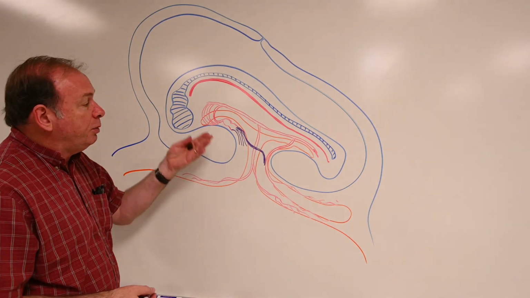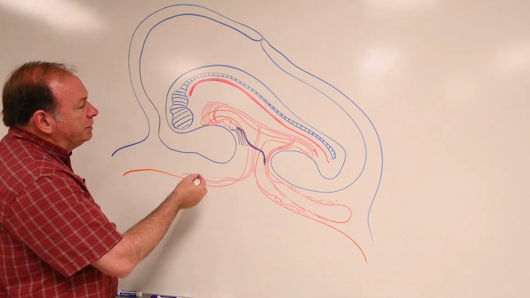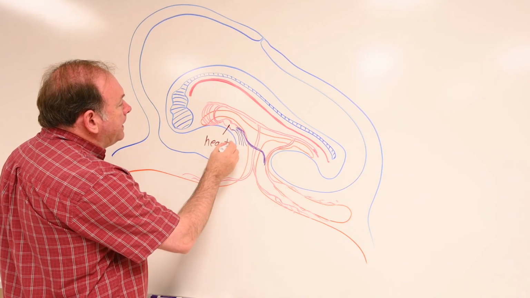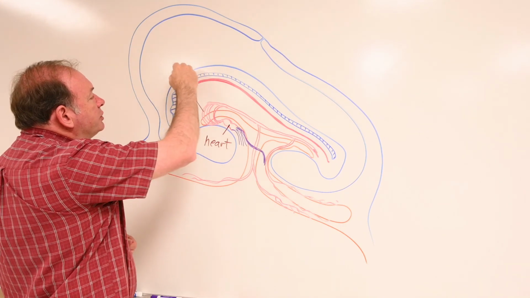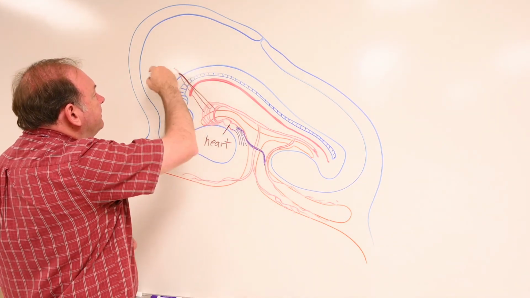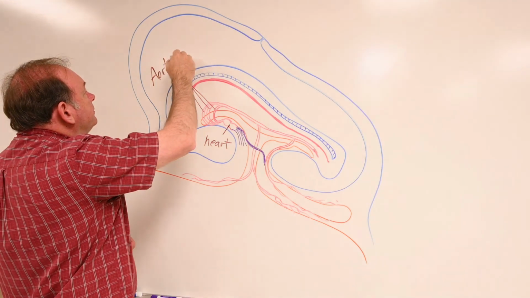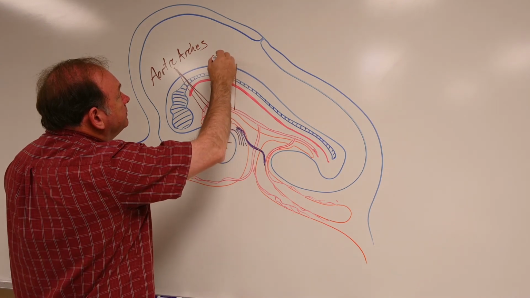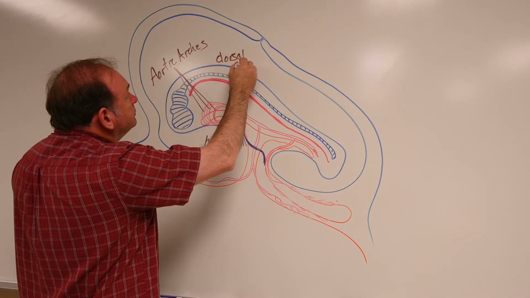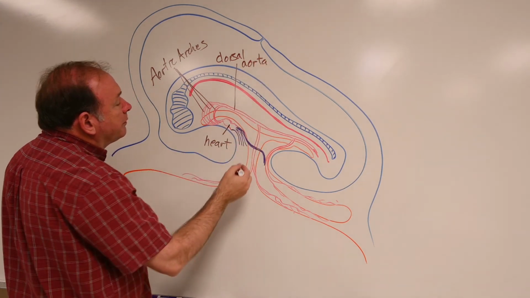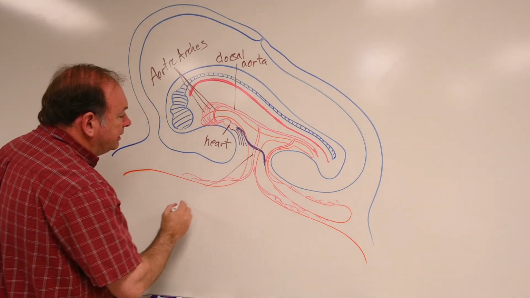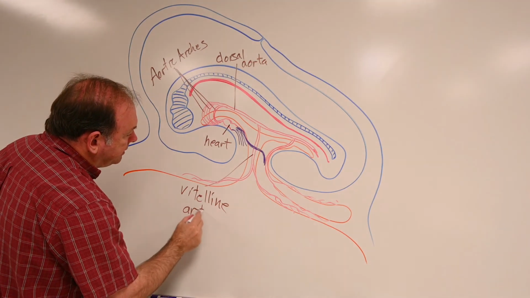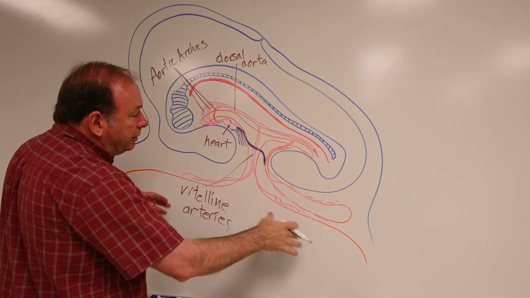We'll see it in the embryonic human, and it's basically the pattern in fish as well. So we have the heart right here. We have three aortic arches going around our pharynx. We have our dorsal aorta here. We have vitelline arteries that go to our yolk.